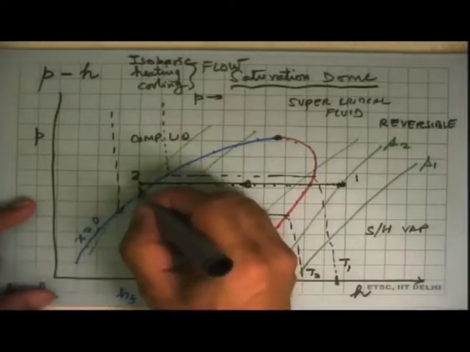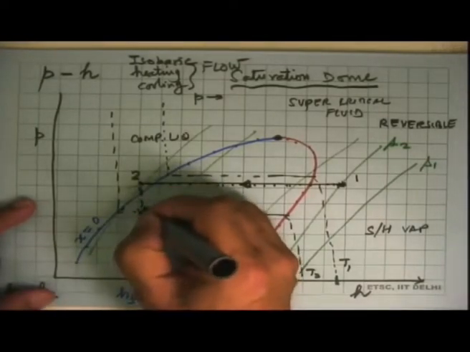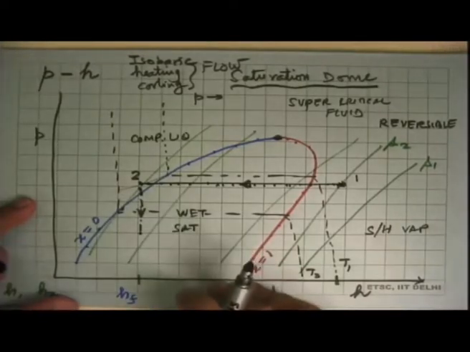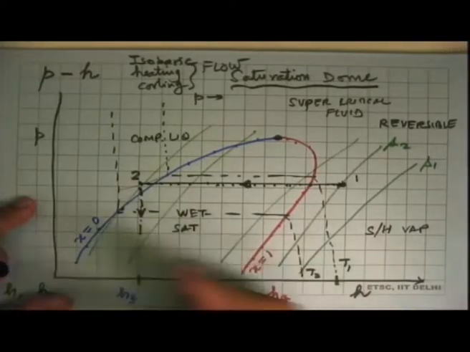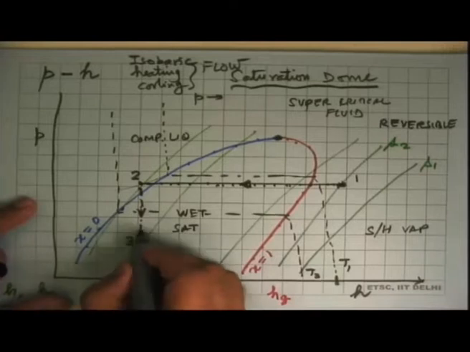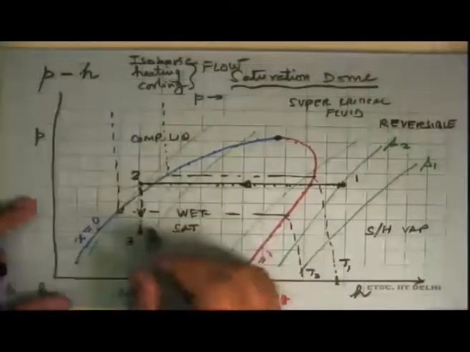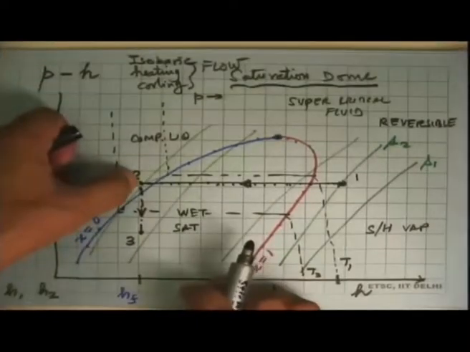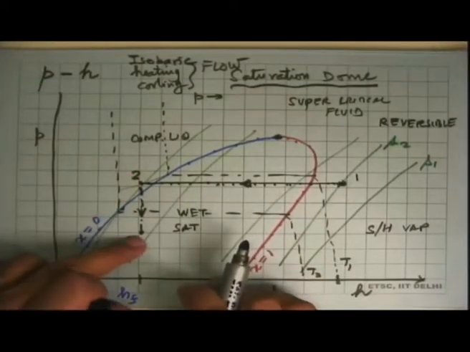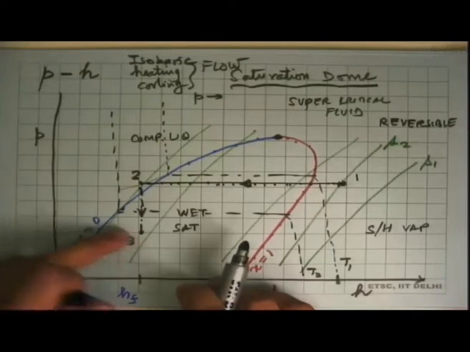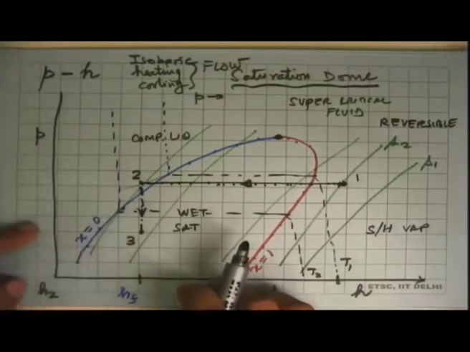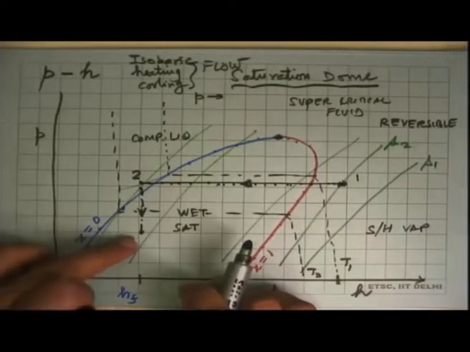And this process will be shown by a broken line because throttling, no matter what, is a hugely irreversible process always. So this brings us to another state, state 3, and it tells you that, okay, if we know the specific enthalpy at 2 and the final pressure of throttling, then I know that H3 is equal to H2 because it's the isenthalpic process. P3 is given to me. I have two independent properties, we can do the rest of the calculation.